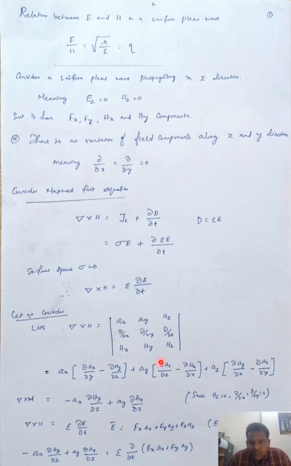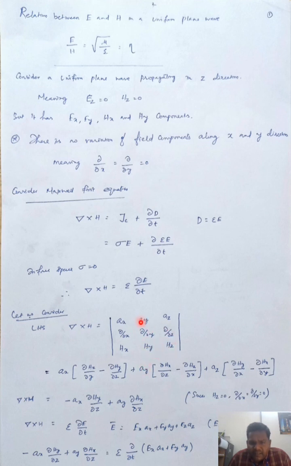We are going to take the determinant of this matrix. So Ax, taking the partial derivative in this direction minus that direction: dou by dou y of Hz minus dou by dou z of Hy. First this one minus this one.